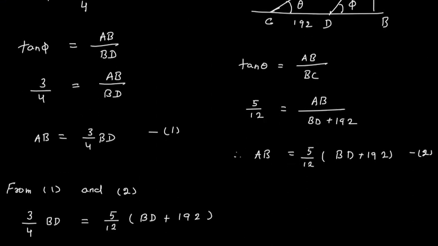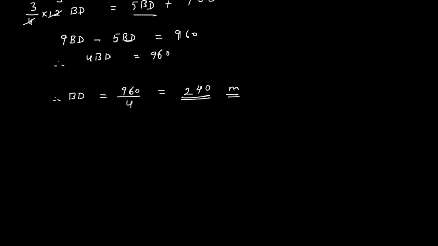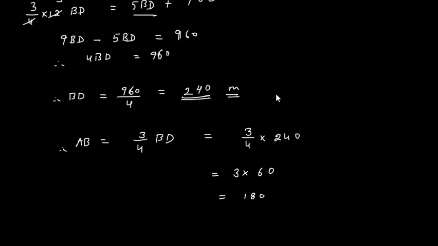Now I have to find AB. So AB is 3 by 4 BD. So therefore AB is 3 divided by 4 times BD. So this will be 3 divided by 4 times 240. So this is 3 into 60. 3 into 60 is equal to 180.